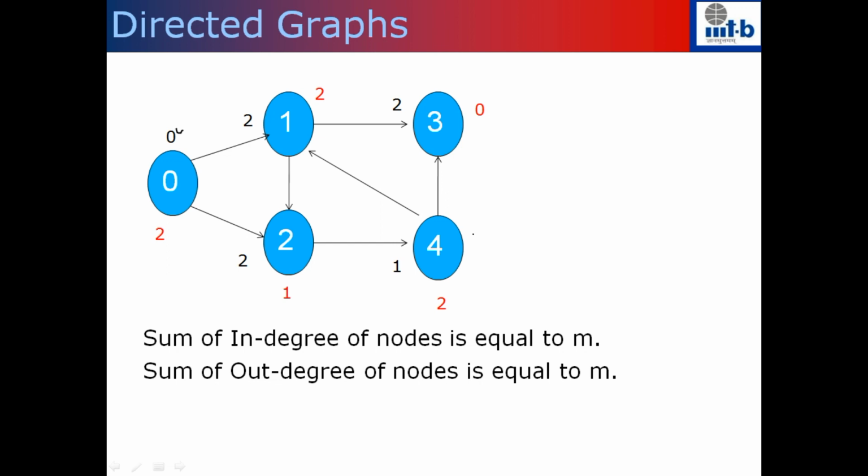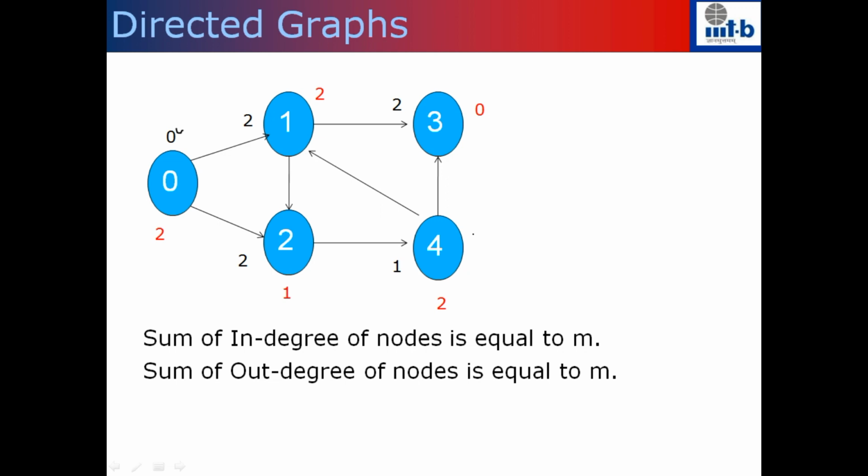Here we can see that the sum of in degrees of every node in the graph is exactly equal to m. The numbers in black, when you add them up, you get 0 plus 2 plus 3 plus 1, which is 7, exactly equal to the number of edges in the graph.